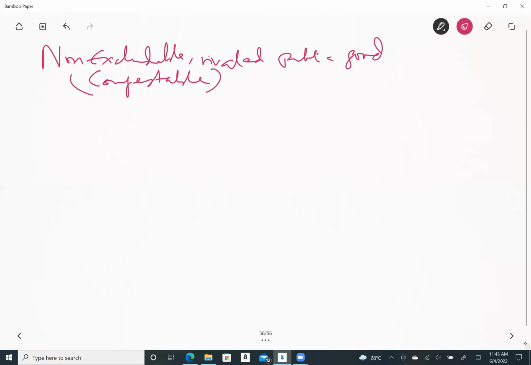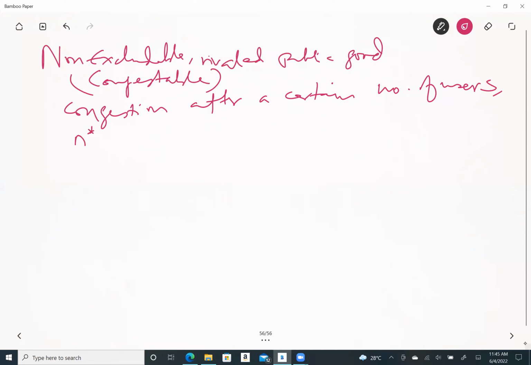There will be congestion. Just like the grazing field, there is congestion after a certain number of users, say n star.